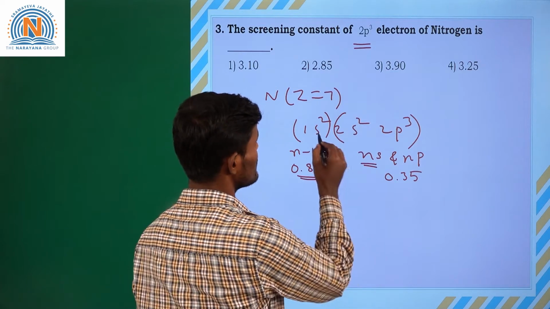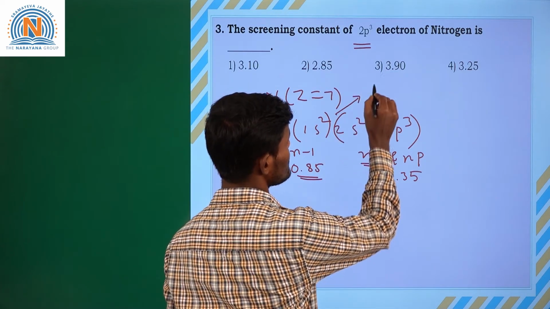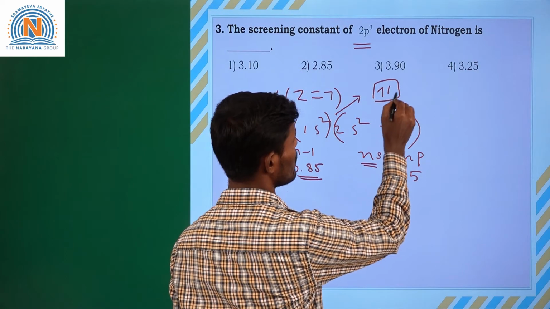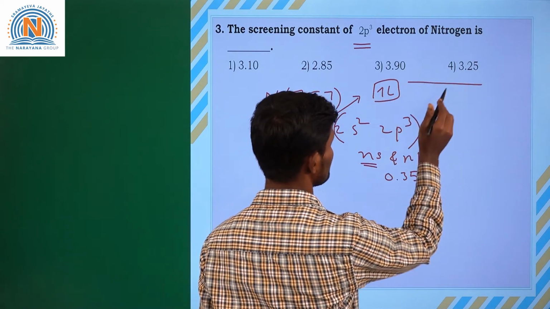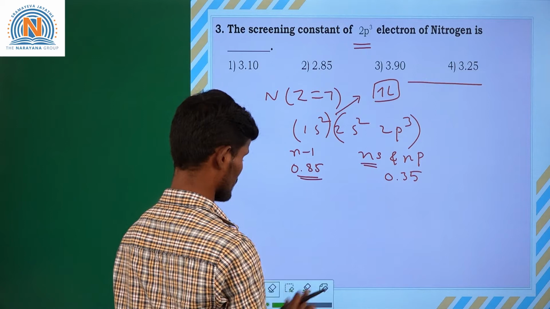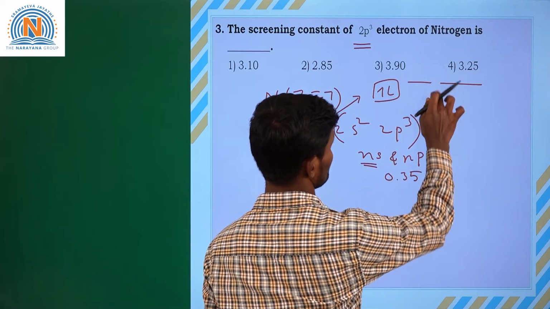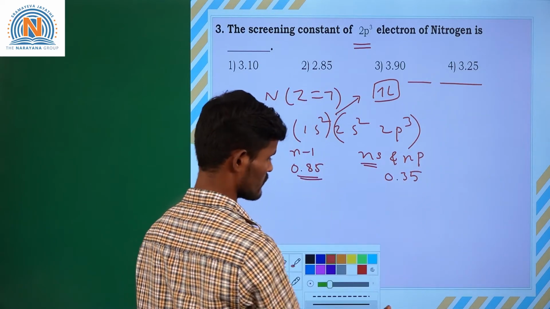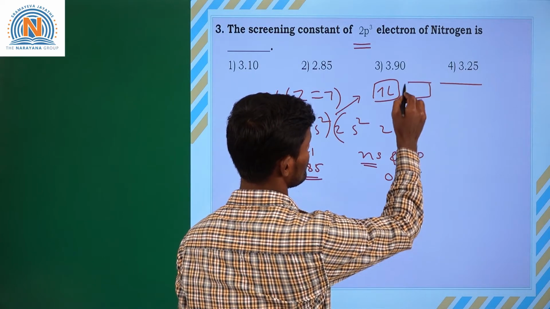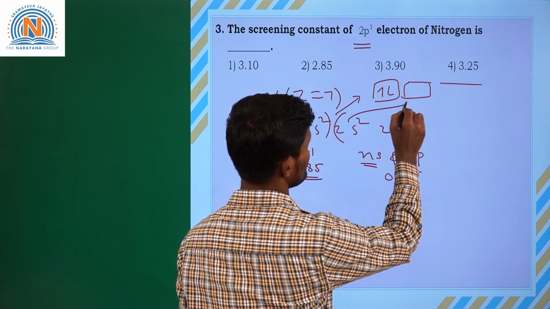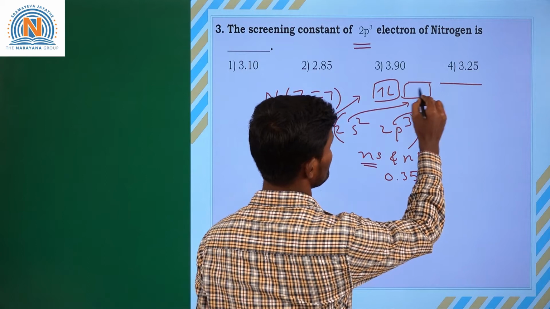In this, the 1s orbital has 2 electrons, and it is 2s next.